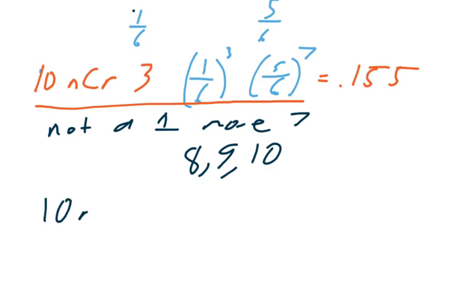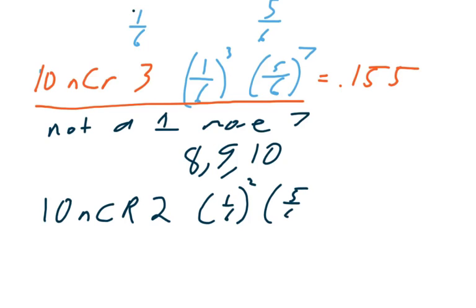So the first one, I'm going to do 10 nCr 2, 1/6 squared, 5/6 to the 8th. So that's us not getting it 8 times, which gives me an answer of 0.291.